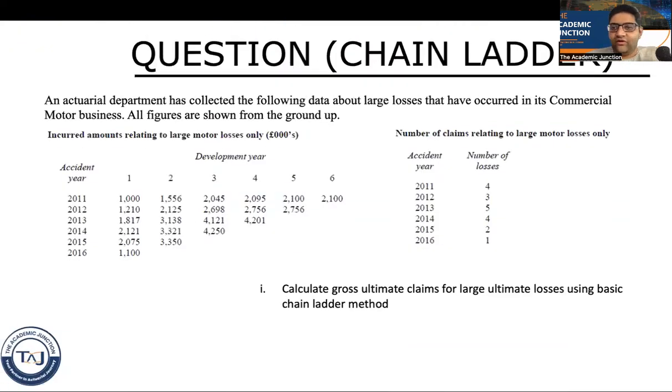All right. Let's go to an easy question now. Let's go to a simple question, right? You have a triangle. You have number of losses. Just use basic chain ladder to get me ultimates by year, and tell me what the ultimate for, say, 2015 or 2016 is. We'll compare it with what I have. Simple question.